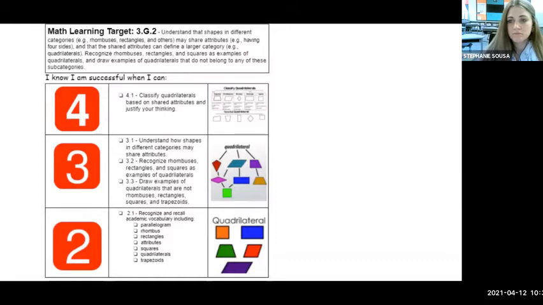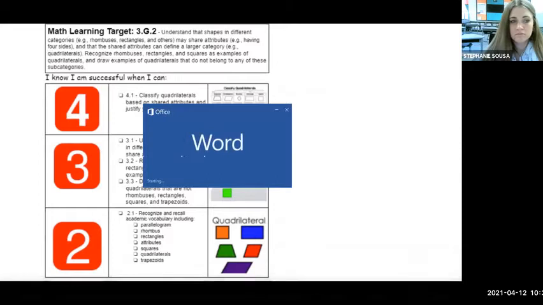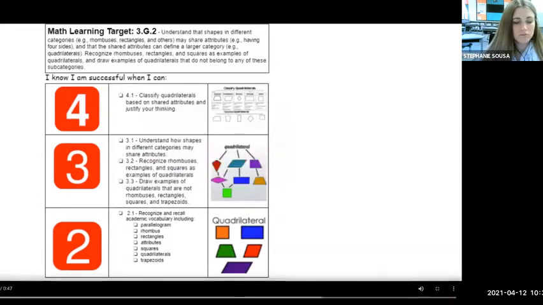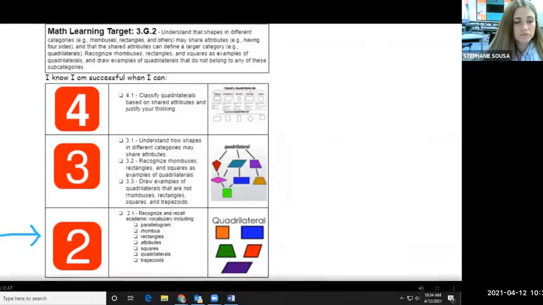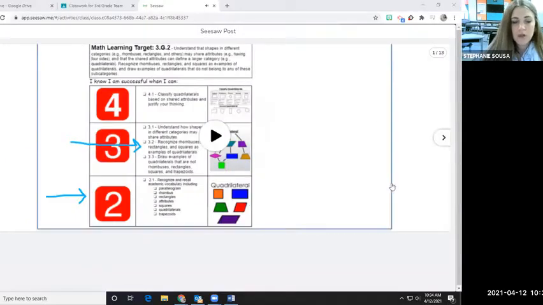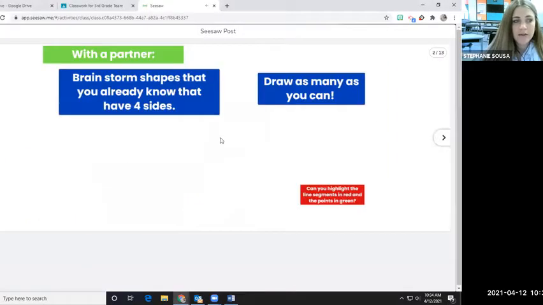And we're going to draw examples of quadrilaterals that do not belong to these categories. Today, we're really going to focus on learning some important vocabulary, and we're going to begin recognizing types of quadrilaterals, looking at these quadrilaterals and their attributes.